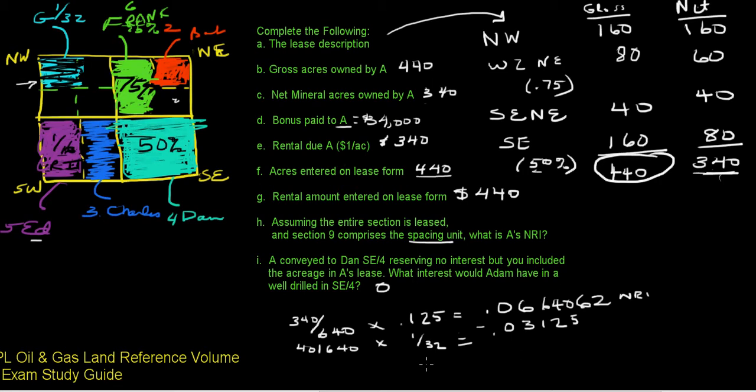And then we're going to add in the acreage where she retained a 1/16 right here. So that was 80 acres over the 640 times the 1/16.